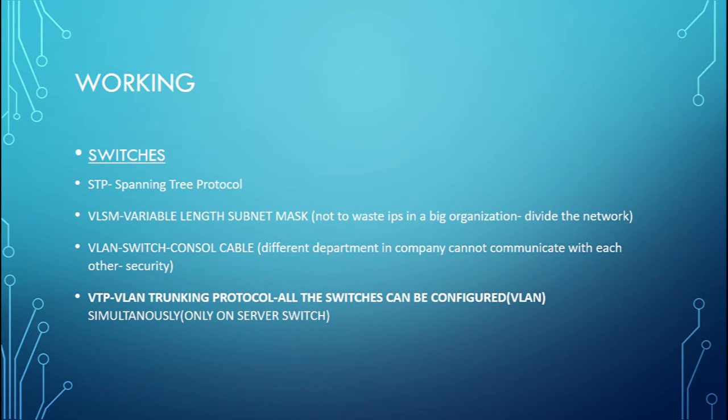So in this project, STP is basically used to build a loop-free topology, as there are three switches used. There will be a loop created if STP is not used.